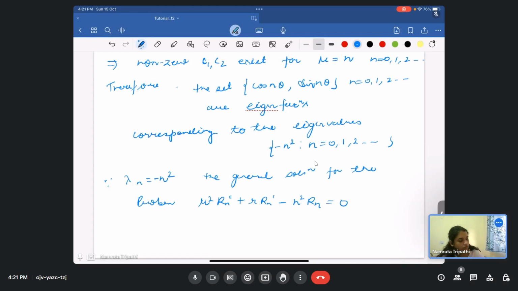So this is a Cauchy-Euler problem. So what will be the solution for Rn? Tell me the value of Rn. Anyone?